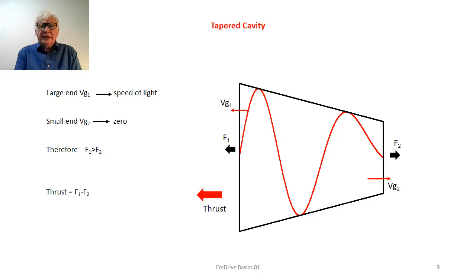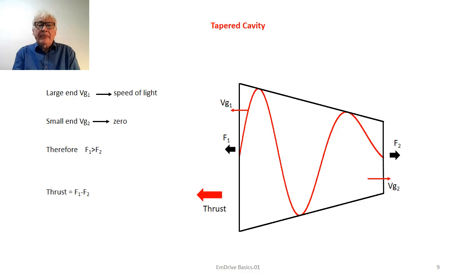So now we look at an electromagnetic wave which is propagated inside a tapered cavity, and tapered cavities are the heart of EmDrive. So as the wave travels down the tapered cavity from the large end to the small end, the velocity at the large end, Vg1, decreases until it reaches the small end, where its velocity is Vg2.